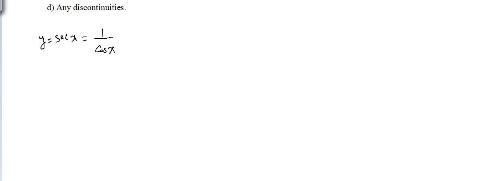Is it continuous on minus pi to pi? Same thing, since minus pi over 2 and pi over 2 are not in the domain of secant x, secant x is not continuous at minus half pi and half pi.